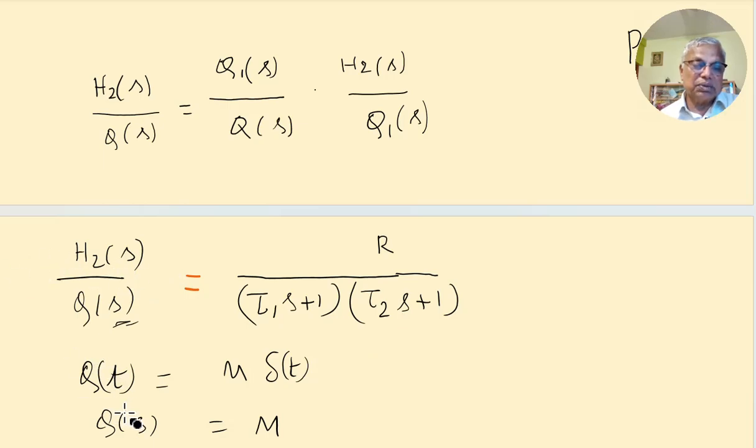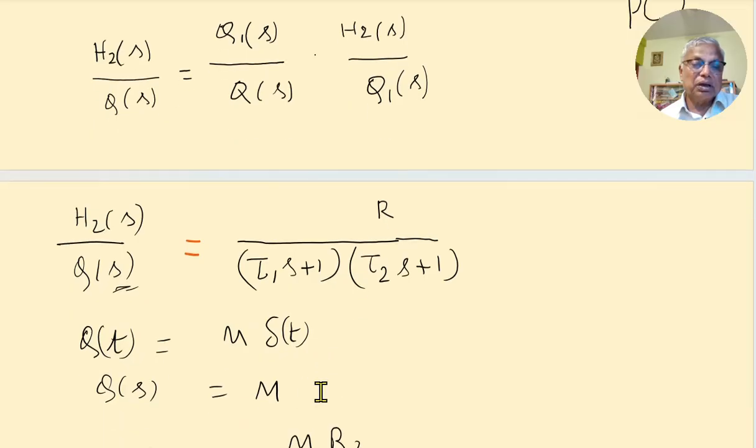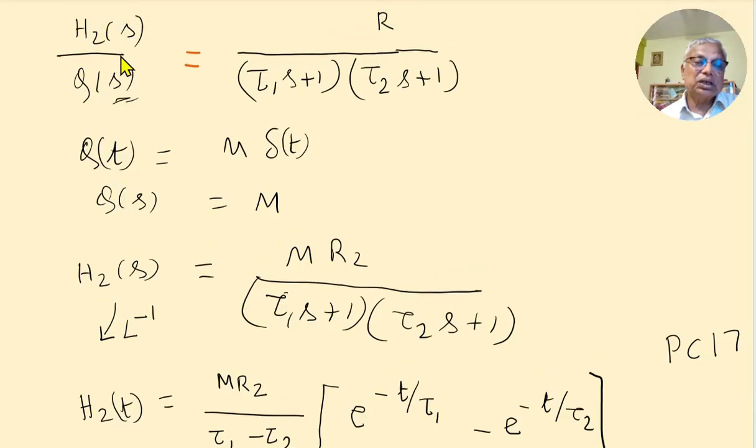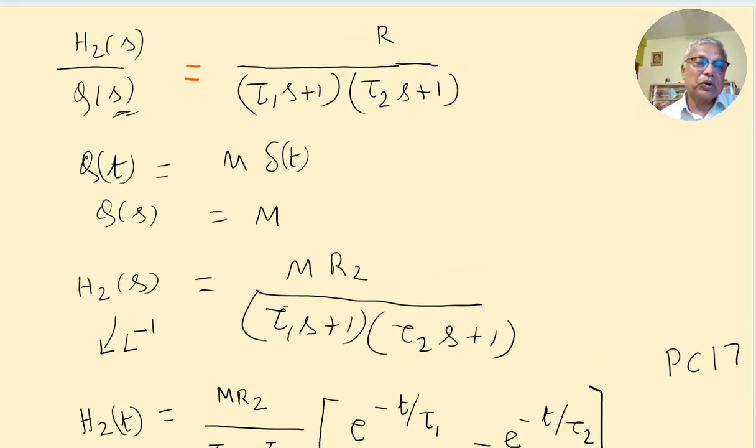Take in Laplace Q(s) equal to M. If you substitute in this, H2(s) will be Q(s) into this transfer function. Q(s) is M. So H2(s) will be equal to M into R2 by tau 1 s plus 1 into tau 2 s plus 1.